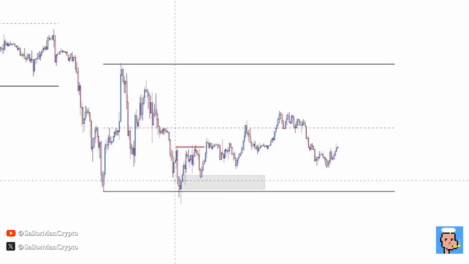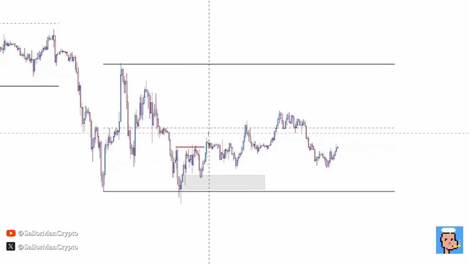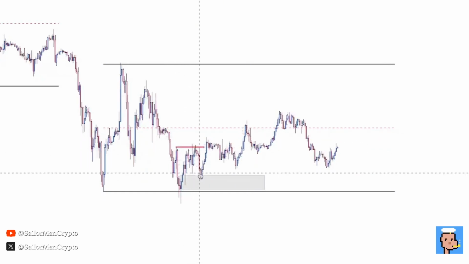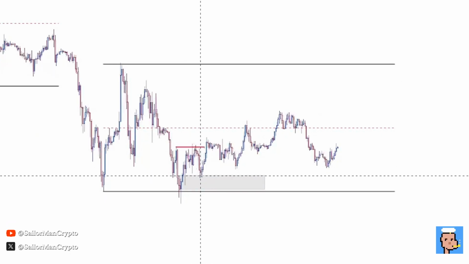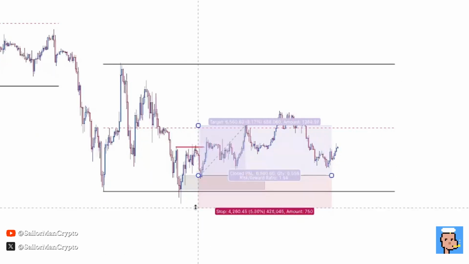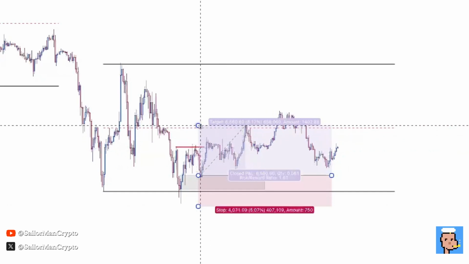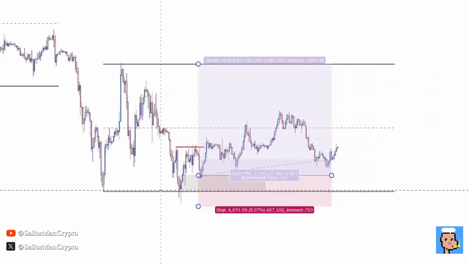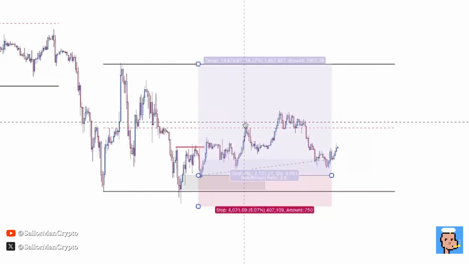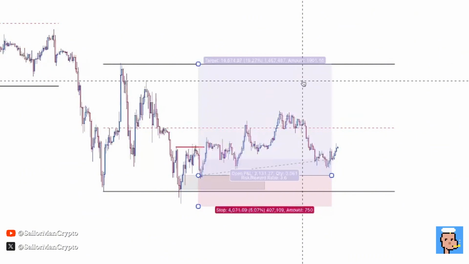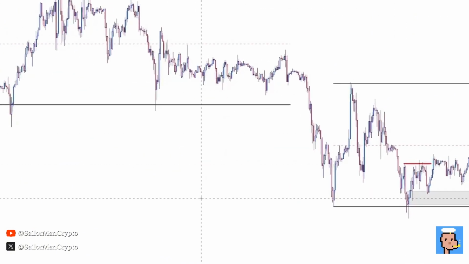So it's the last red candle before the bullish market structure break. That area was tapped and there was a move up. So potentially you have entered here somewhere in this demand. You have hidden your stop loss below the deviation, and you aimed first at mid-range and then at range high.